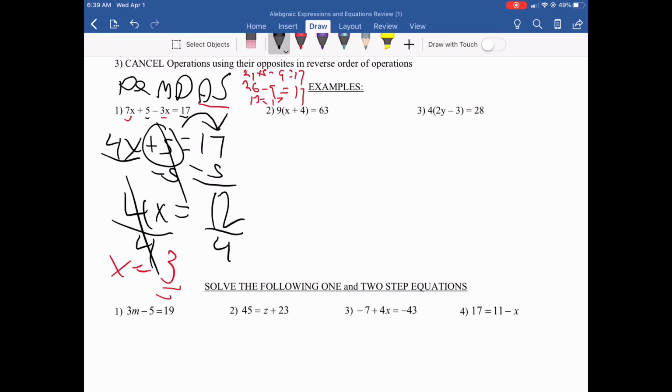We're solving for x. Order of operations, PEMDAS. Inside parentheses, x plus 4. And they're not like terms. We got a variable and we have integers, so they cannot be added.